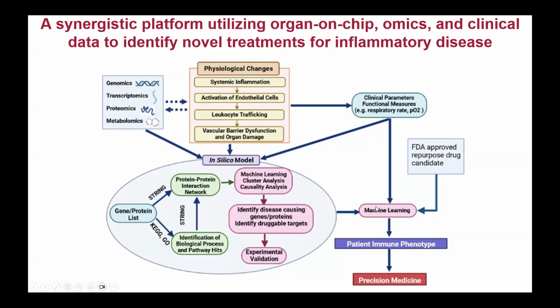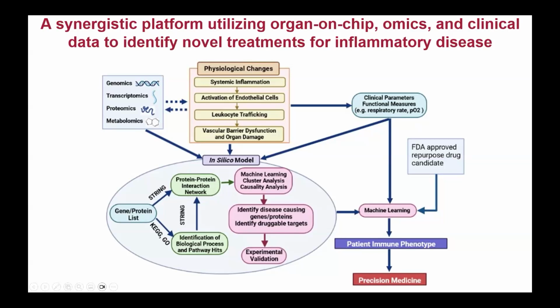We can then put all of this into a machine learning system, combine it with a list of FDA-approved drug candidates, and come up with a patient immune phenotyping system where we can phenotype patients on the go, hopefully, and then use this as a method for precision medicine, essentially coming up with a way where we can treat this.